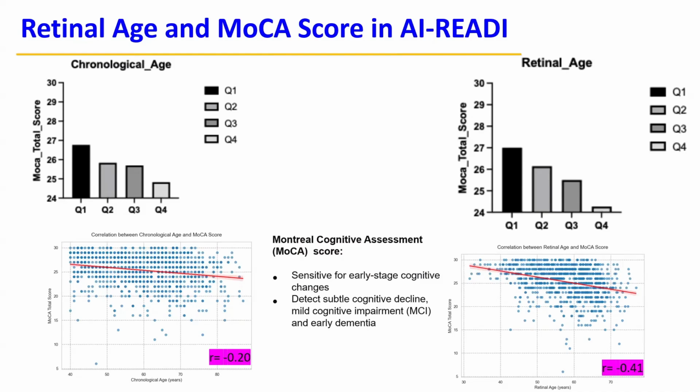We also looked at how retinal age is associated with cognitive function. The correlation becomes much stronger, minus 0.4, compared with chronological age, and we can clearly see a dose-response relationship. When your retinal age gets older, your cognitive function is worse and the MoCA score is lower.